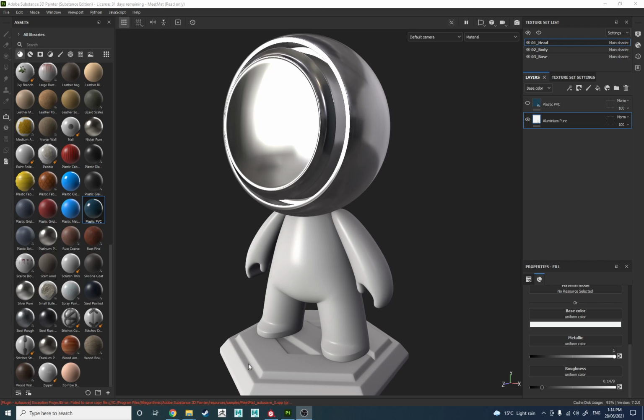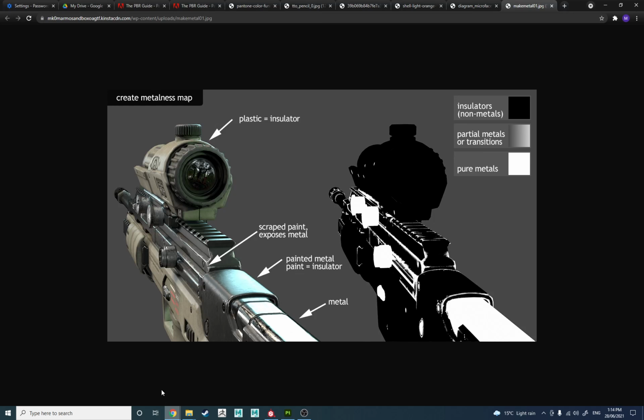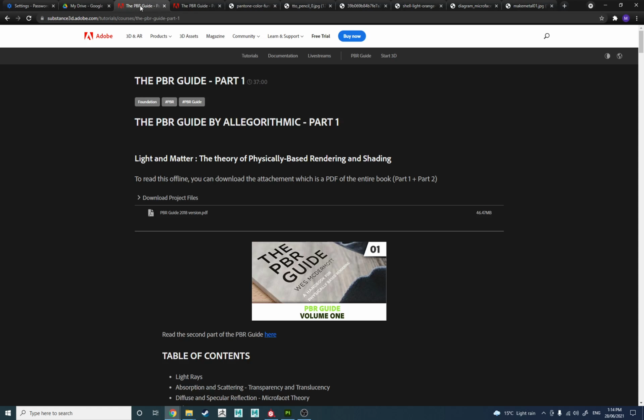If you want to know more about PBR, the theory behind it all, then there is the PBR guide written by Allegorithmic, who are the developers of Substance Painter. It comes in two parts. One is all of the science stuff, all of the big maths words or the big science words. I still recommend reading this through even if you don't entirely understand everything that's going on, but you will glean something from it.